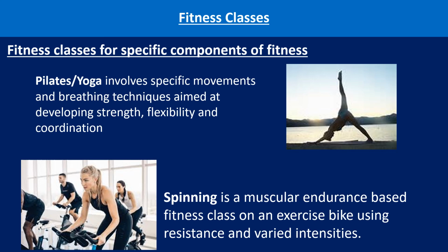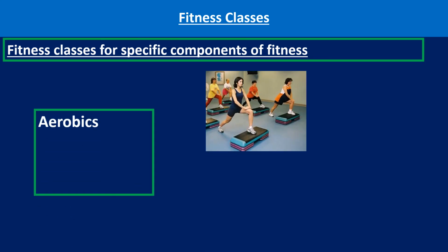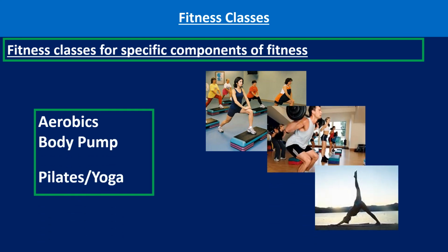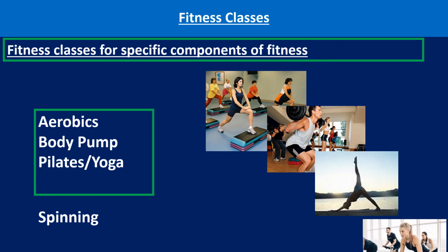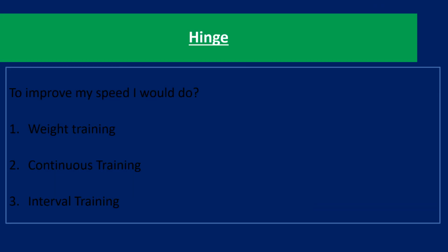Whereas when you have a low resistance on the bike and you are cycling for a longer period of time, you will be working your cardiovascular system more. So a couple of fitness classes that I want you to get down are aerobics, body pump, Pilates or yoga, and spin class. We're going to go on to another hinge question before we finish.